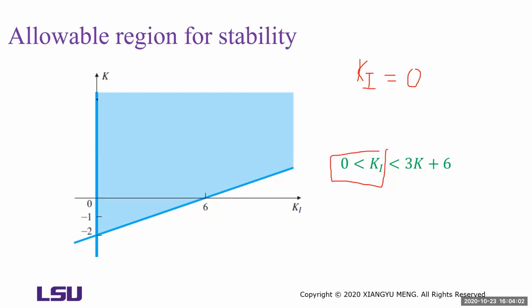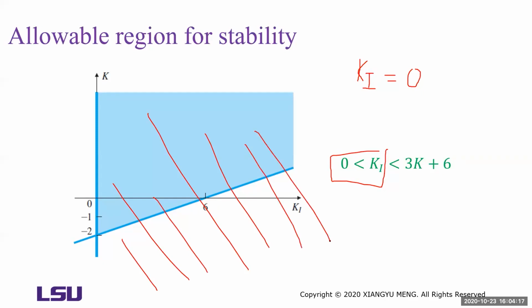For the region Ki is greater than 0, is it left or right? Right, yeah, all this part corresponds to the region Ki is greater than 0. Then now let's look at the second part.